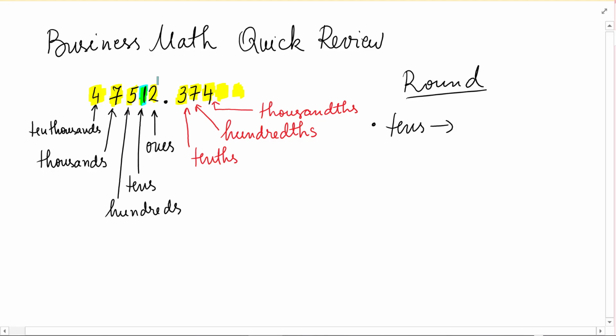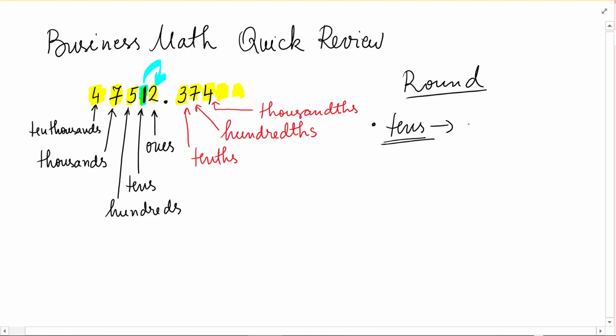And then we look at the digit to the right of it. So we look at the 2. If the 2 is less than 5, then this one, which is the tens, because this is our main character, remains unchanged. So in our case, because it is less than 5, it remains unchanged.